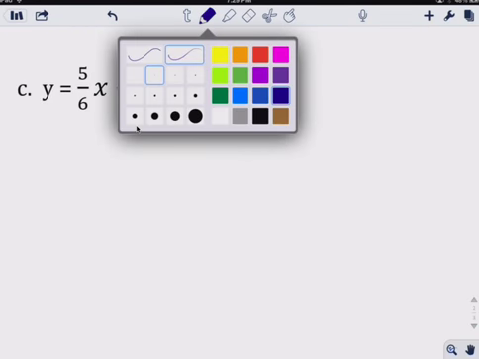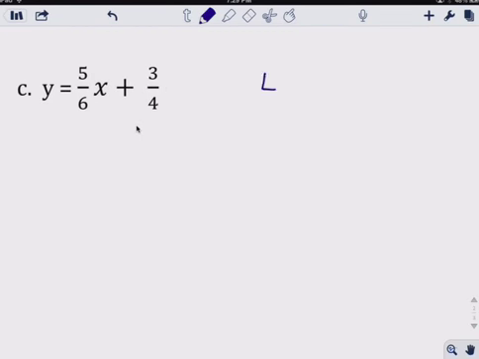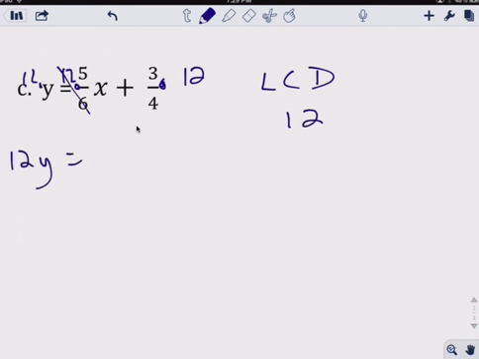If you want to practice writing it, please do. Least common denominator here is 12, so I'm going to multiply all by 12, 12, and 12. So you got 12y equals, that's a 2, 2 times 5 is 10x. That's a 3, 3 times 3 is 9. Okay.